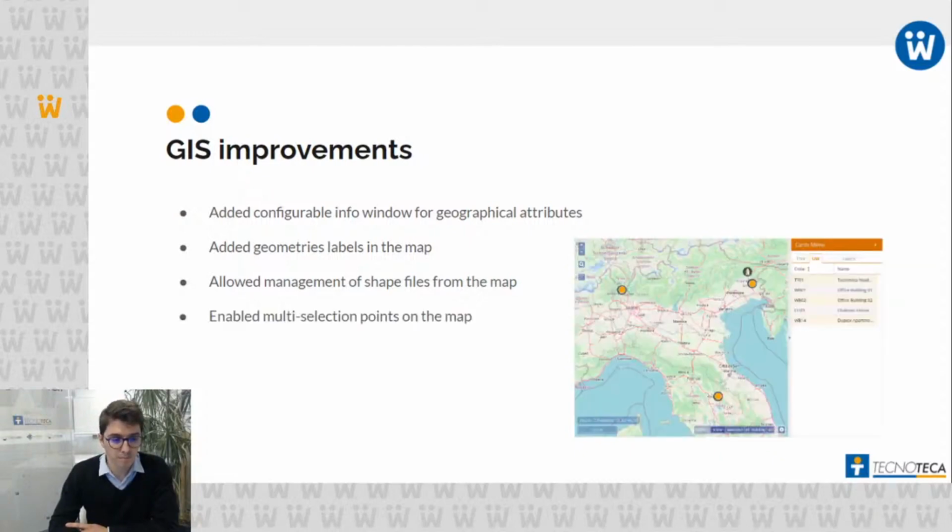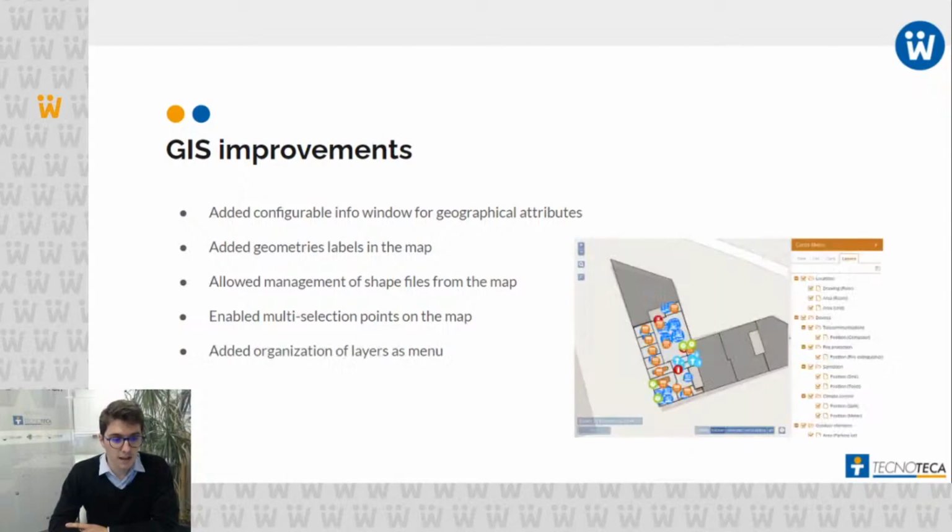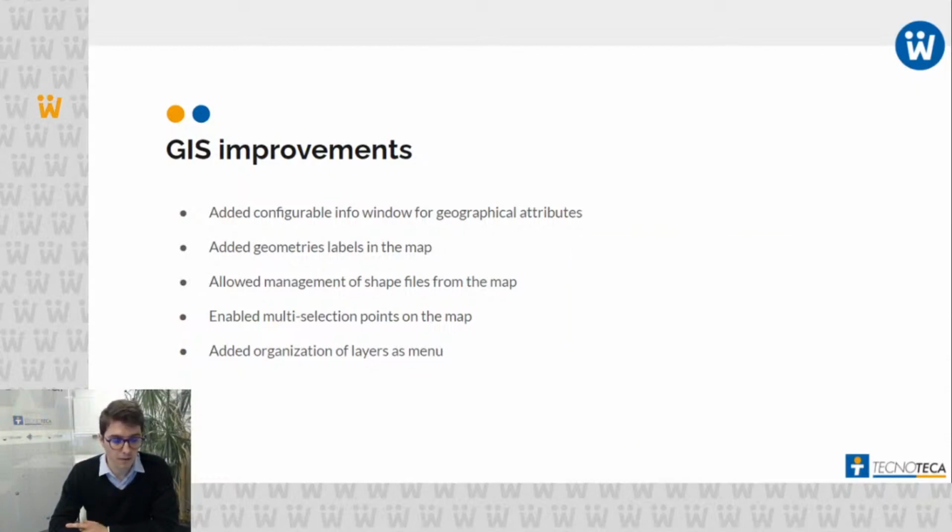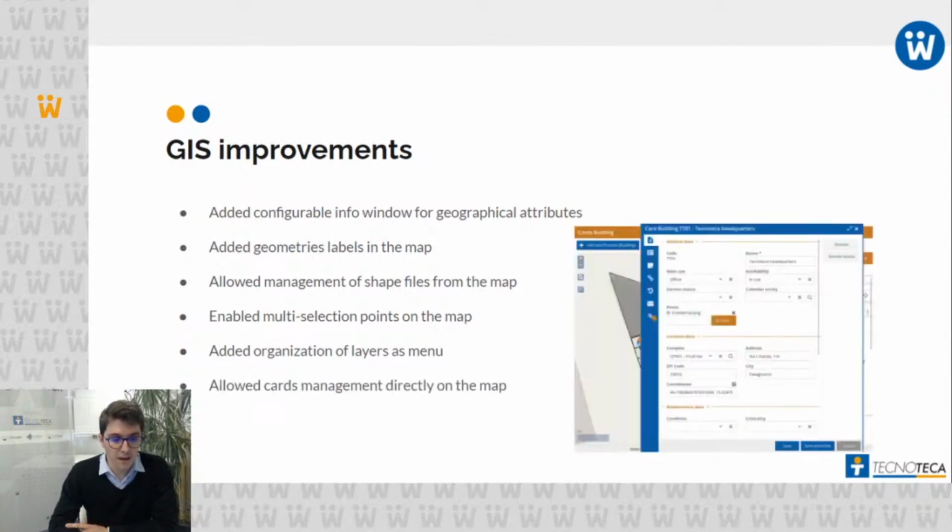Then we have also enabled the multi-selection of the points in the map, and we have also added the possibility to organize the layers in a menu, and then we have allowed the cards management directly on the map.